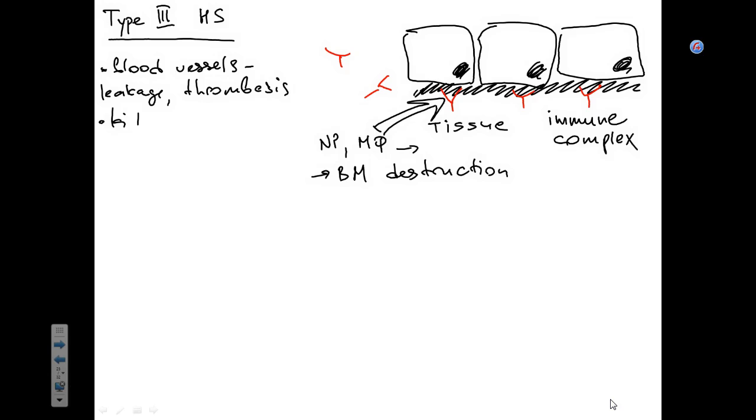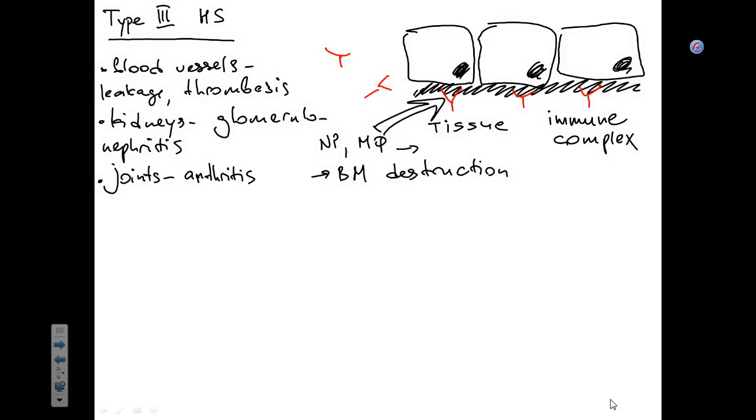Kidneys, glomerulonephritis. Joints, inflammation of synovial membrane will lead to the destruction of synovial membrane, first of all, and at the same time, accumulation of fluid in the joints. So joints will become inflamed, and that's arthritis. Does that make sense?